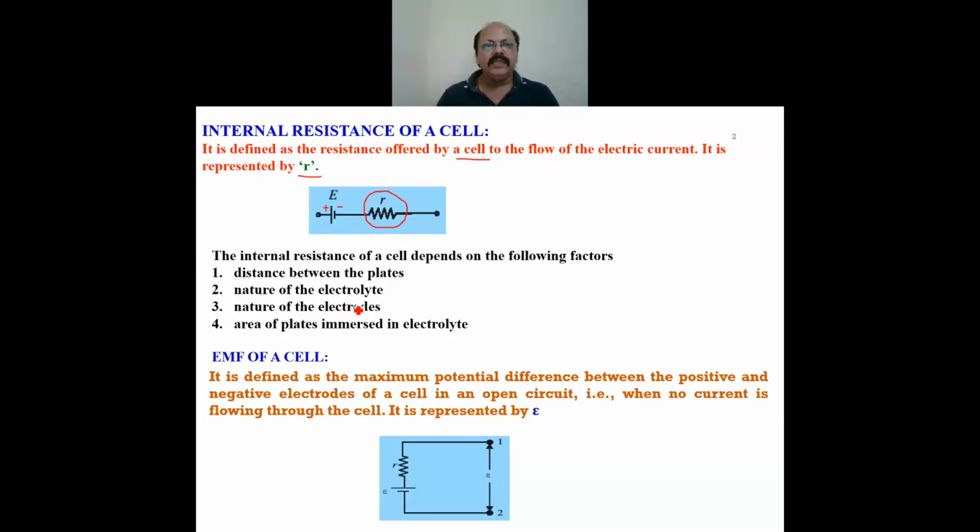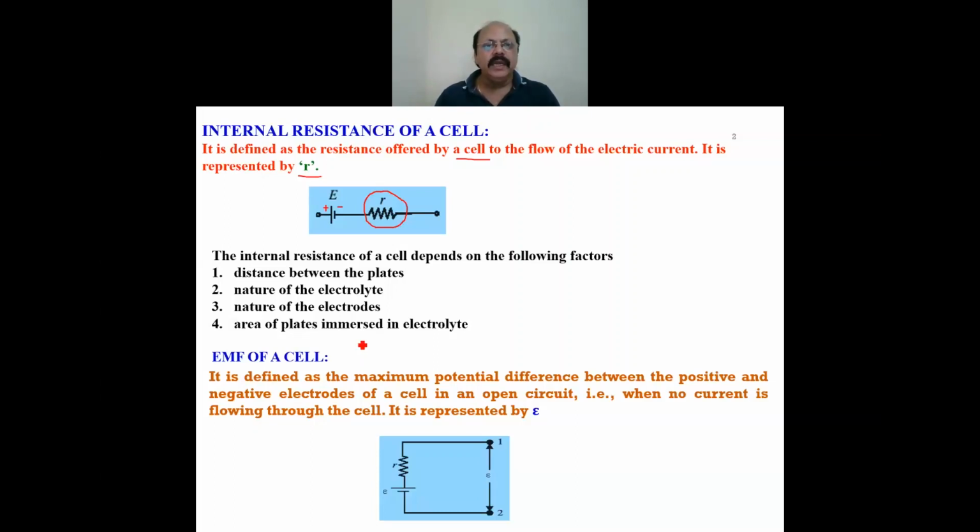The third one is the nature of electrodes, the two plates which you are taking. And the fourth one is the area of plates immersed in the electrolyte. So these are the four factors on which internal resistance of a cell depends.